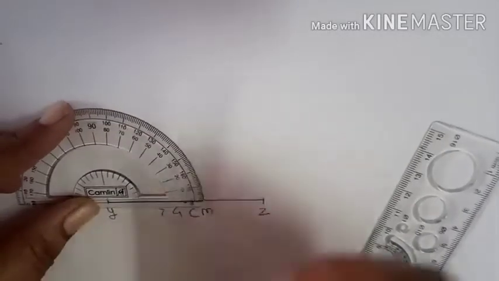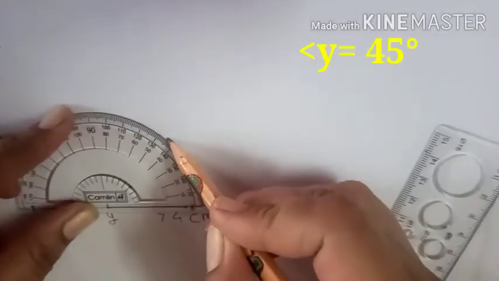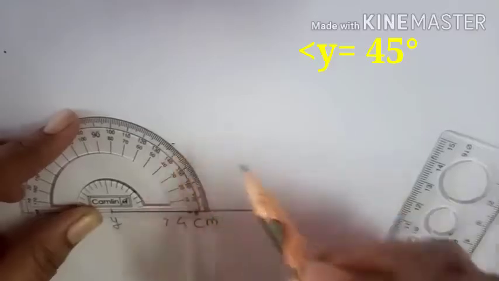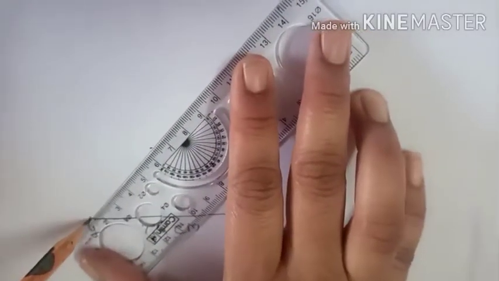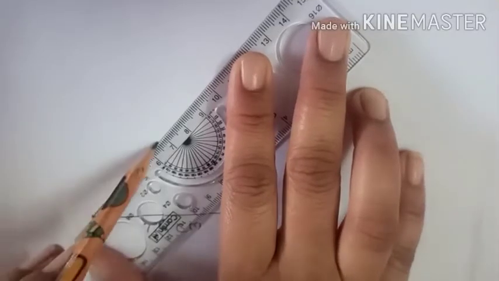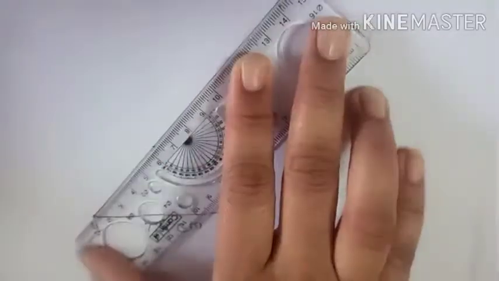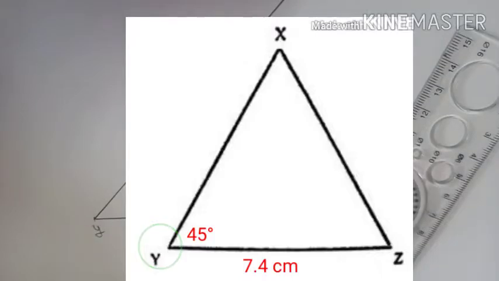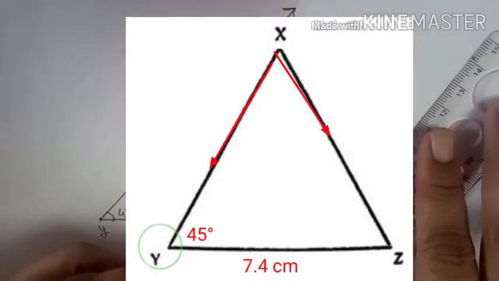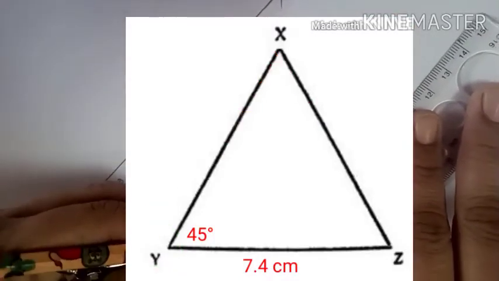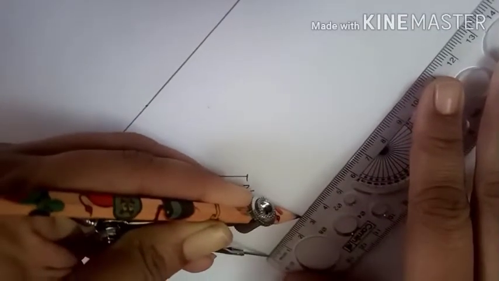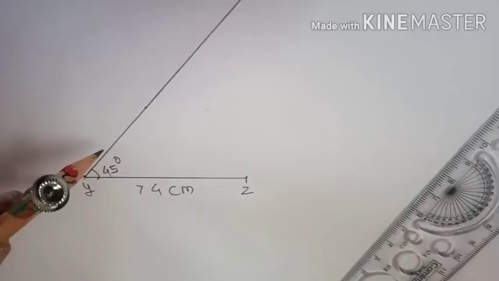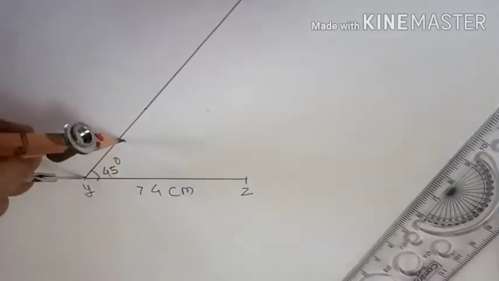Now with the help of the protractor, we will mark the angle Y equal to 45 degrees. Join the mark with point Y. Now as angle Y is given and the difference between XY and XZ is given, in the compass we will take the distance 2.7 cm.